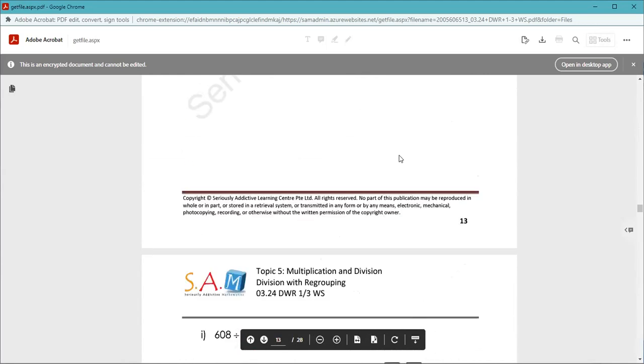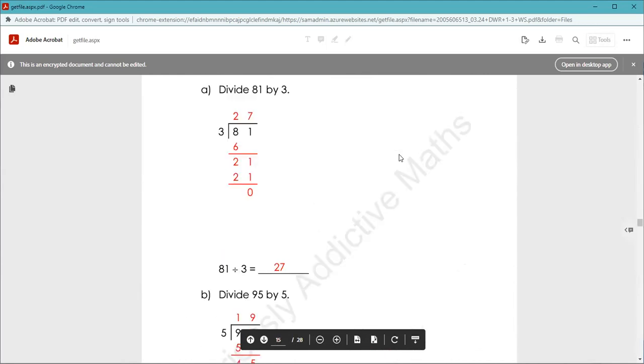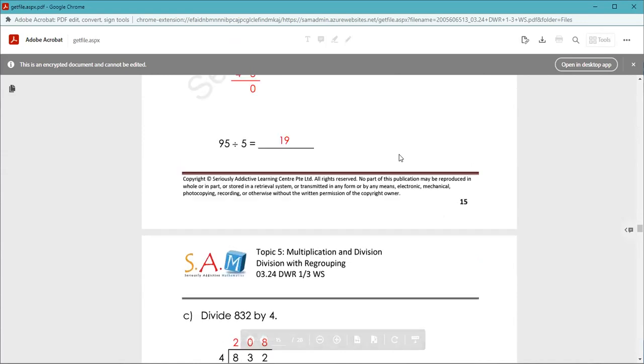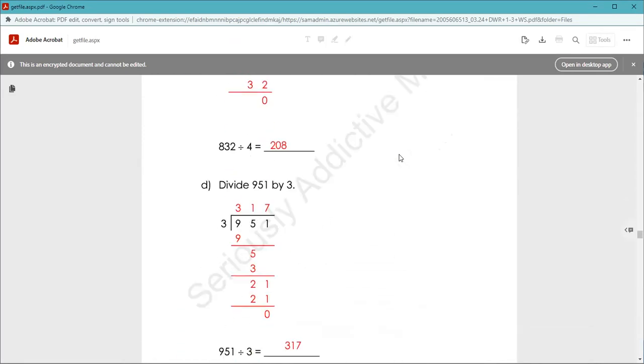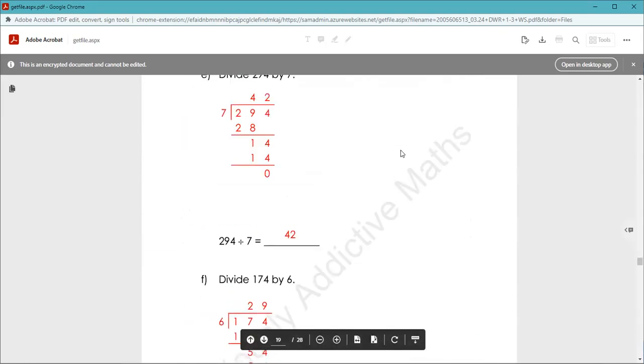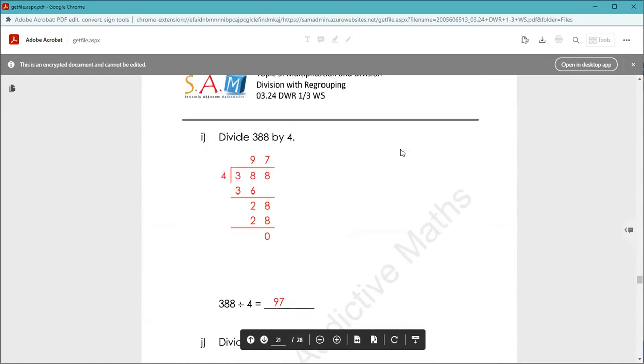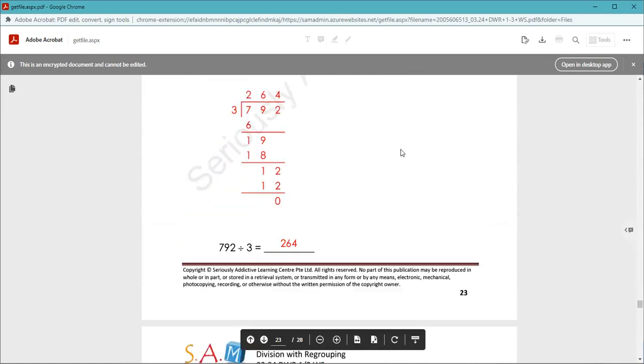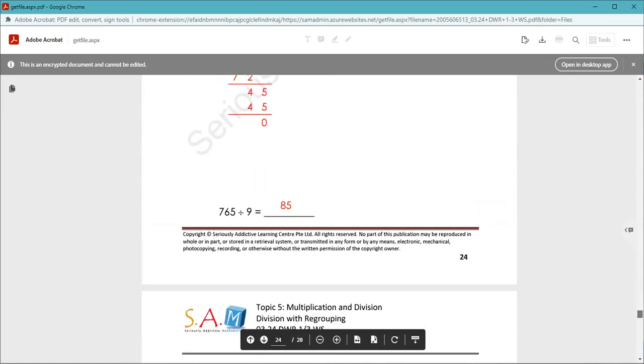Page 11, and then after that, you might want to go to page 15 and 16. This is for them to do their working. So it's a lot of practice, you notice here. Okay, the rest are a bit repetitive. So skip.